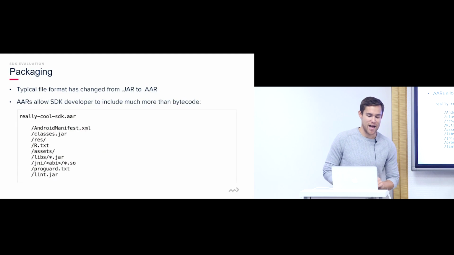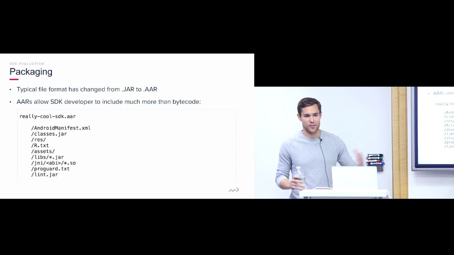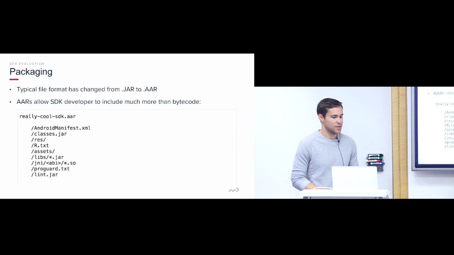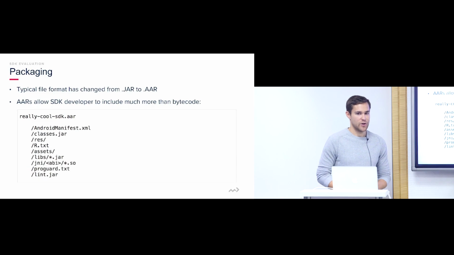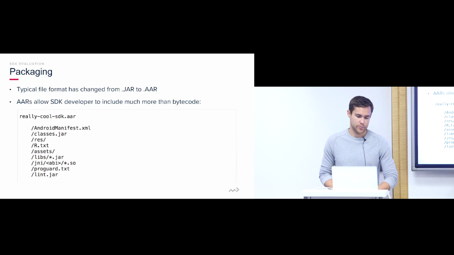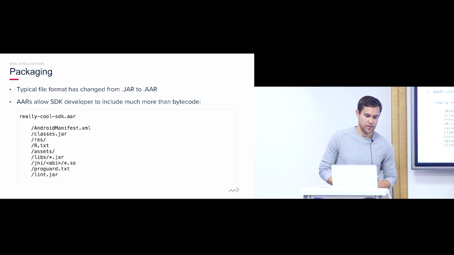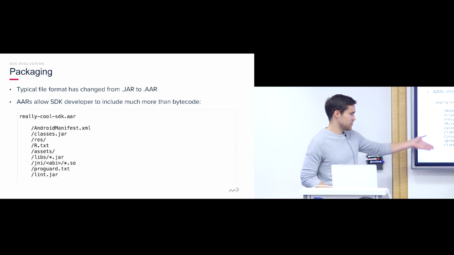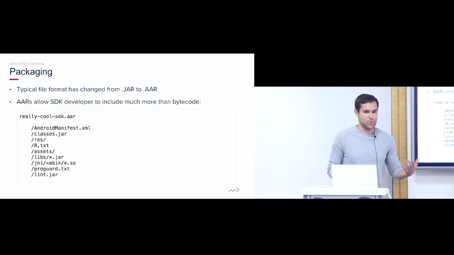Whereas in the past, a lot of SDKs or Java libraries were delivered via jar, more and more every SDK is delivered via an AAR. You guys are probably familiar with this, but AARs can provide a lot of the stuff that your app can provide.